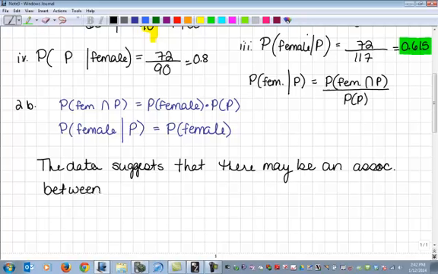So between a production position and gender.